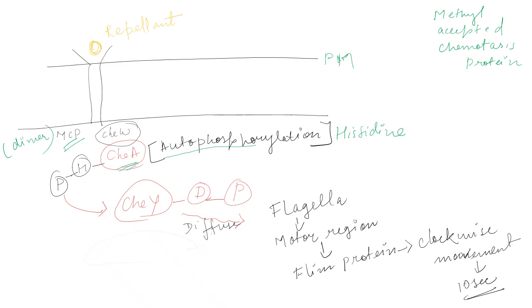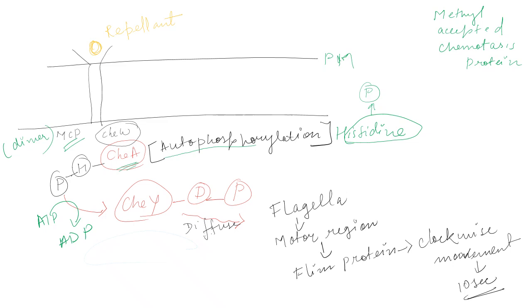So this histidine gets phosphorylated. After that, ATP is converted into ADP.